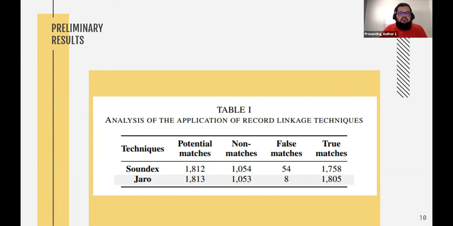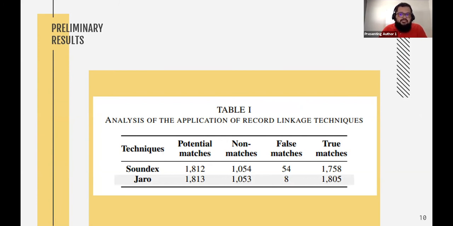Continuing, Soundex identified 1,812 potential matches and Jaccard 1,830. Of these potential matches, Soundex presented 54 false positives, while Jaccard returned 8 incorrect matches.